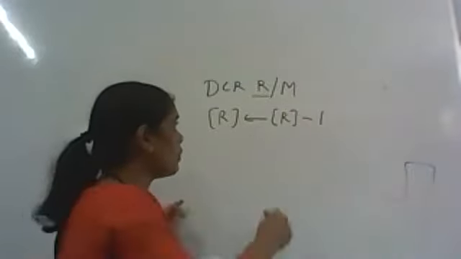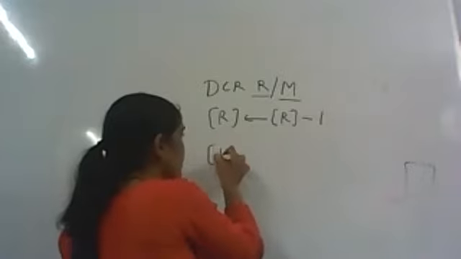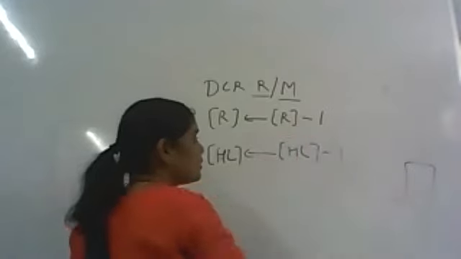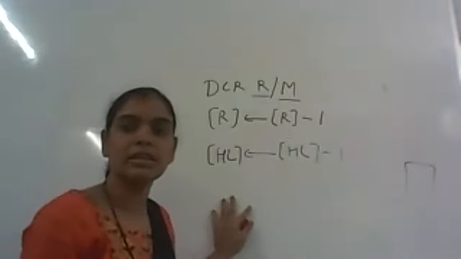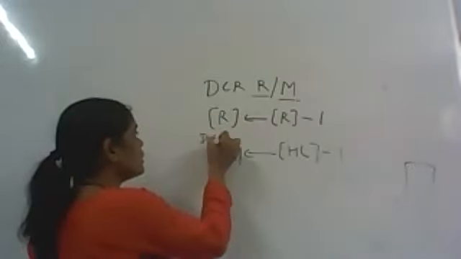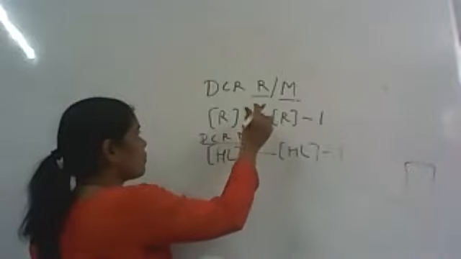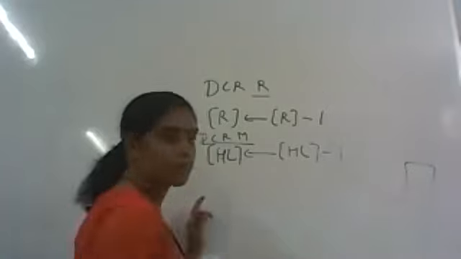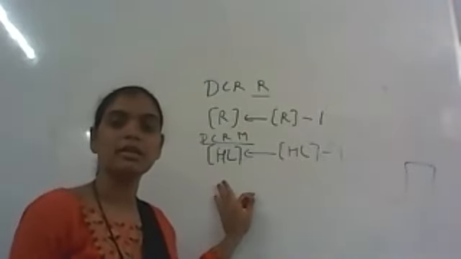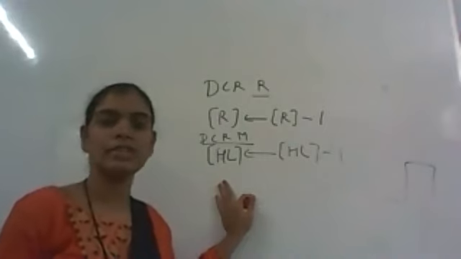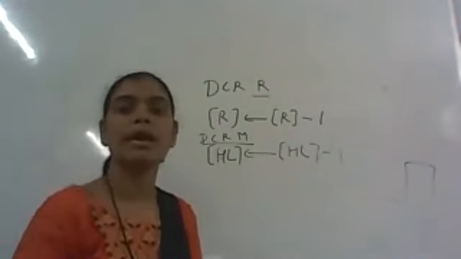If the operand is memory, that time HL minus 1: decrement the content of the memory location. The operand is M here, DCR M. Decrement the content at the memory location pointed by the HL pair by 1.